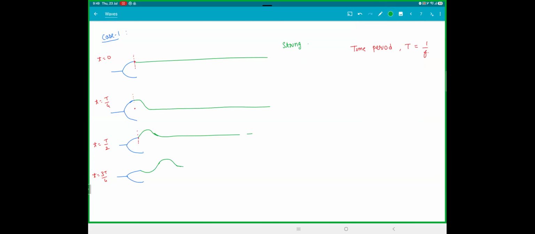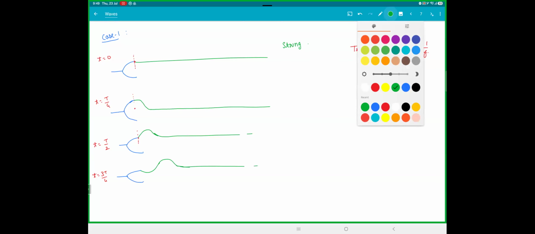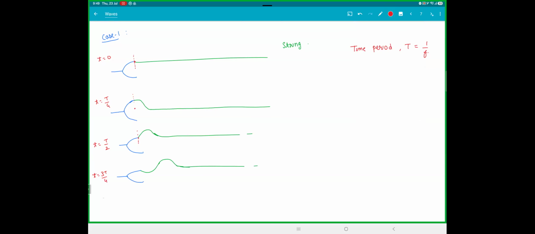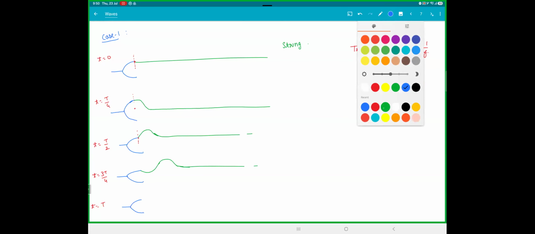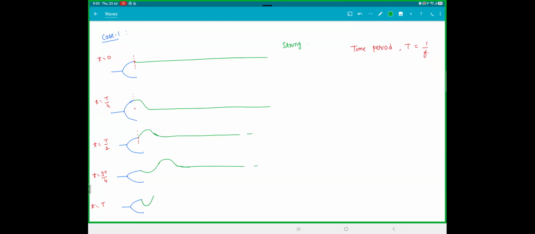You would look something of this sort. When the time is capital T, you come back to the mean position. You have completed a wave. So you have created one full pulse.